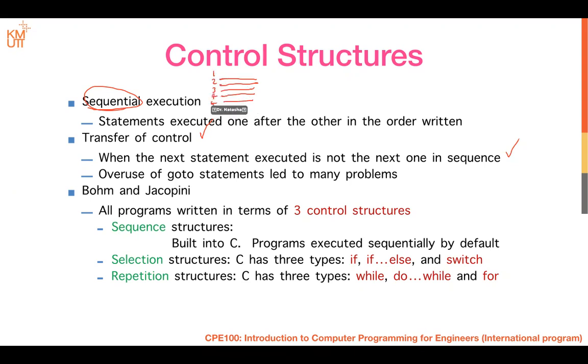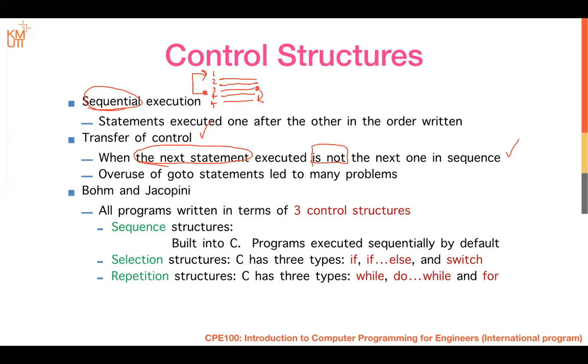But with transfer of control, when you are at statement 4, the next statement will not be 5, but go back to the first statement. This is what we call transfer of control, when the next statement executed is not the next one in the sequence.